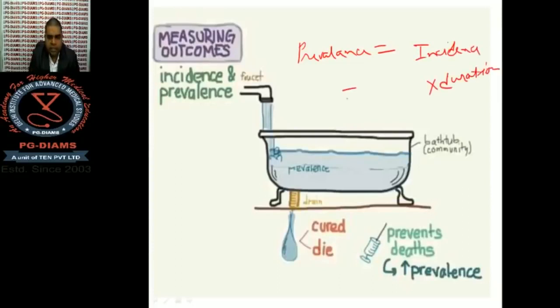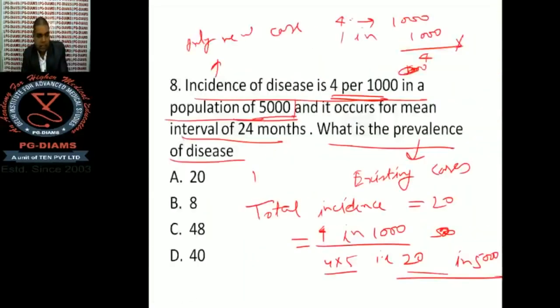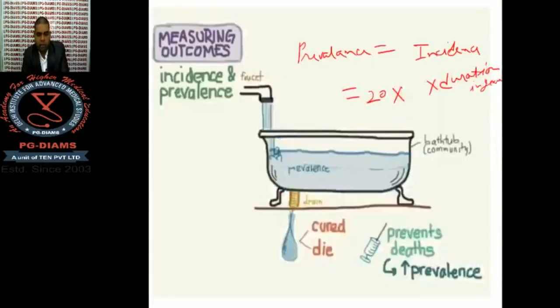In this case, the incidence of the disease in the whole population was 20, and duration was 24 months. 24 months will be equal to 2 years, and hence 20 into 2 will be 40.